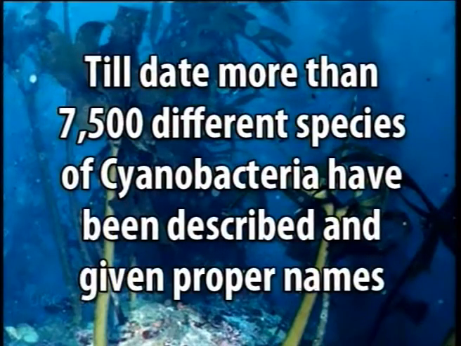The current taxonomic studies on cyanobacteria are adopting a polyphasic approach, which combines genotypic studies with morphological, physiological and phenotypic studies. Notwithstanding these taxonomic conflicts, more than 7,500 different species of cyanobacteria have been described and given proper names.